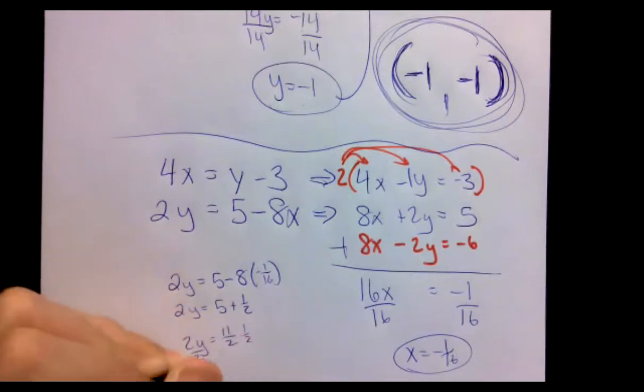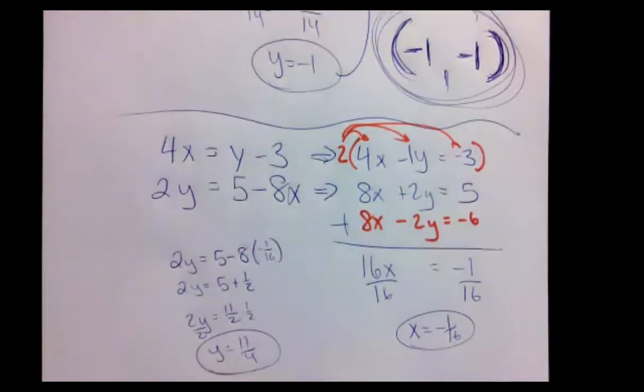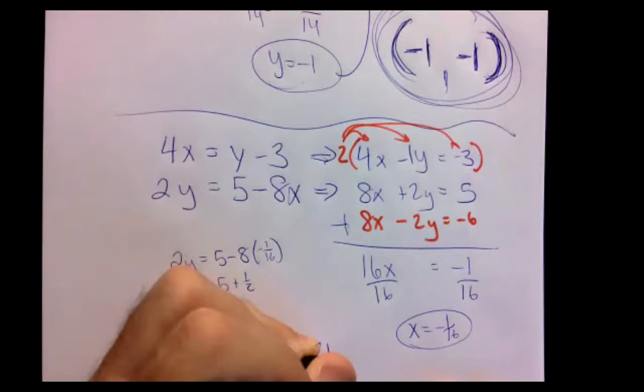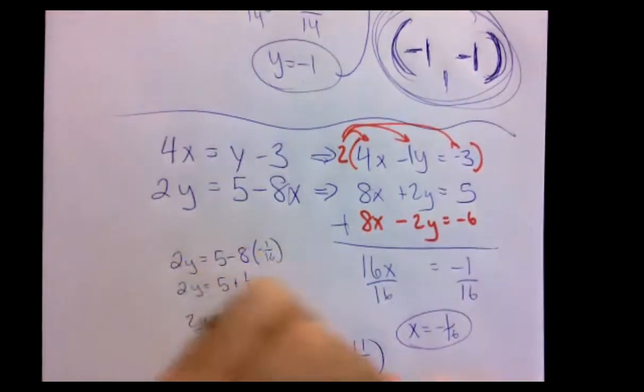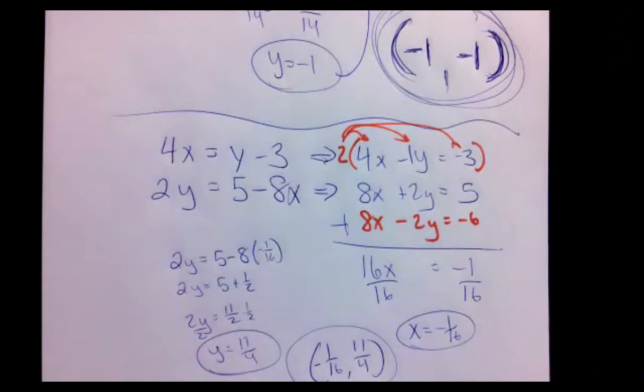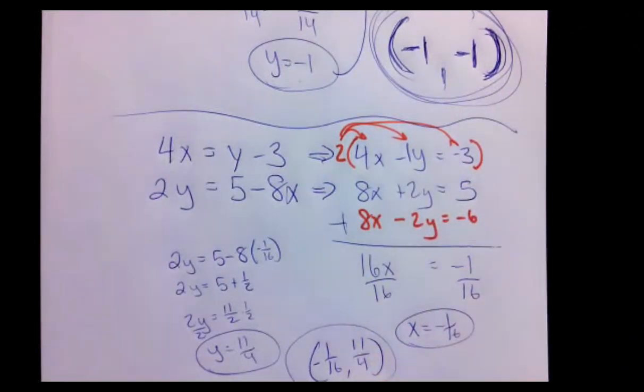Divide by 2, y is 11/4. So most of the time you will get pretty little whole number answers. Occasionally you may end up with some sort of fraction answer, which we could still check if we wanted.